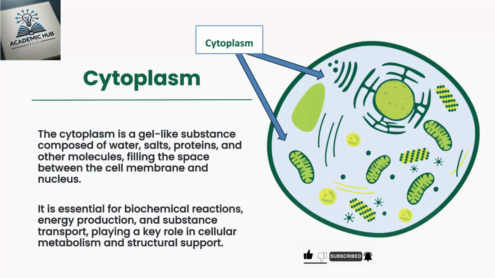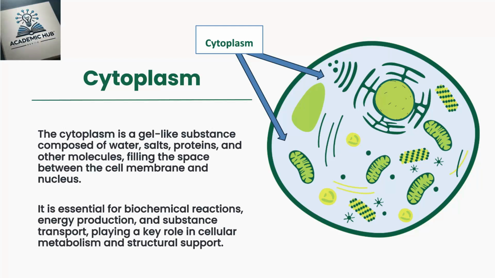In the absence of oxygen, some cells generate ATP through fermentation, which occurs in the cytoplasm. Next is the storage of nutrients. The cytoplasm contains stored glycogen in liver and muscle cells, which can be converted into glucose when needed.